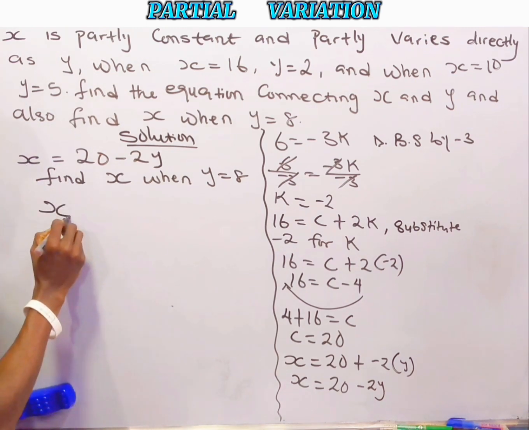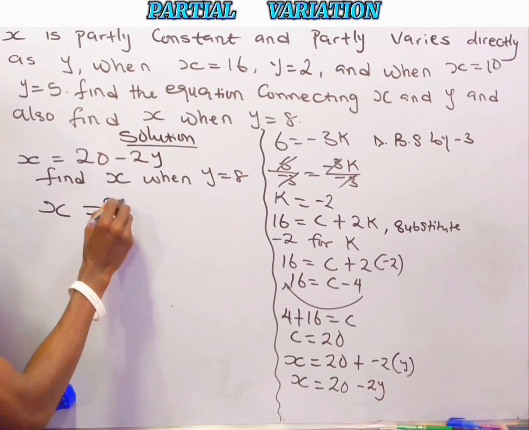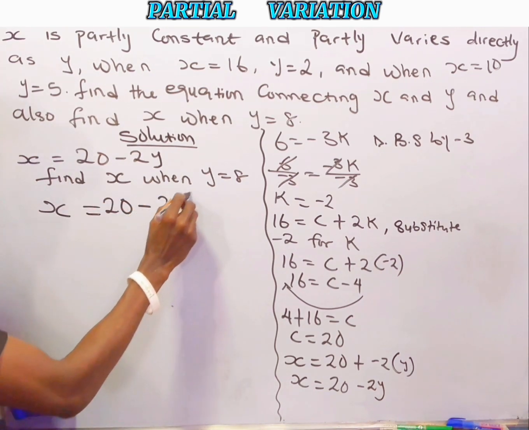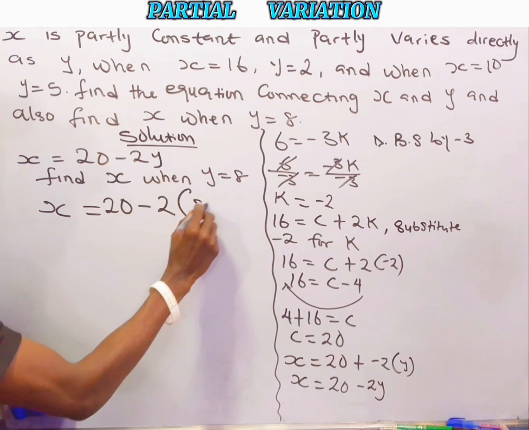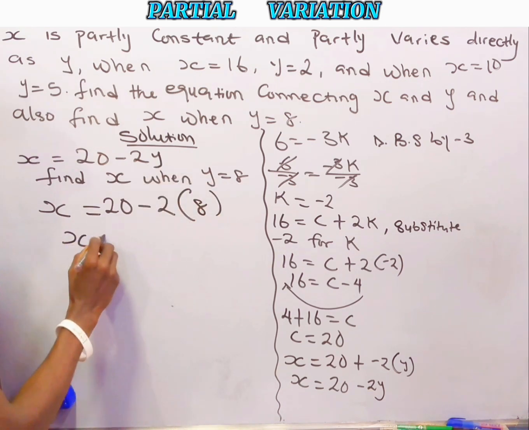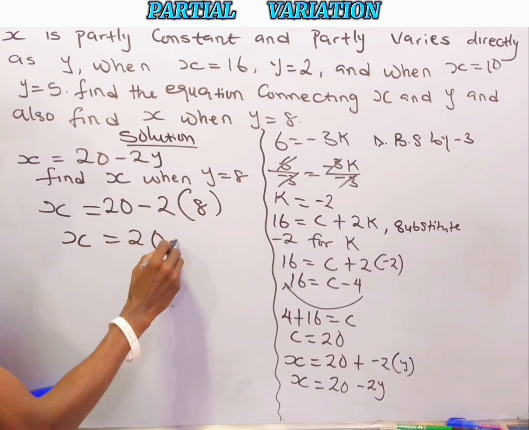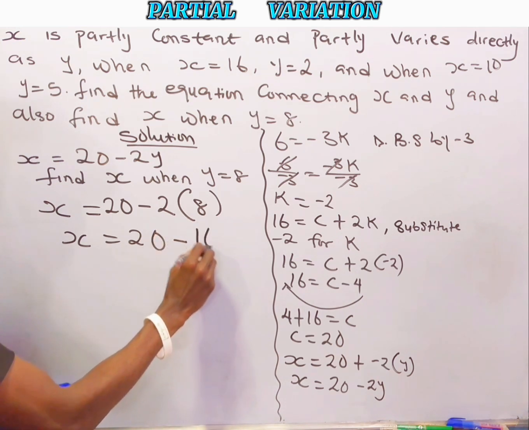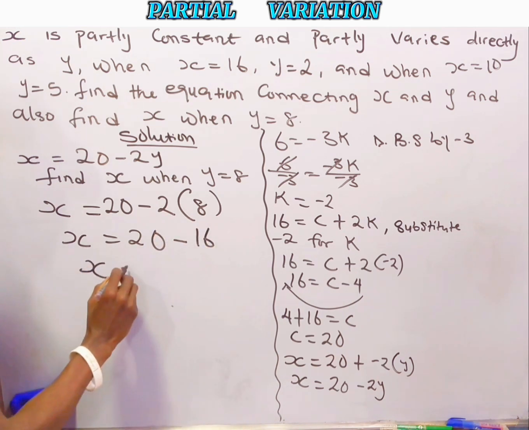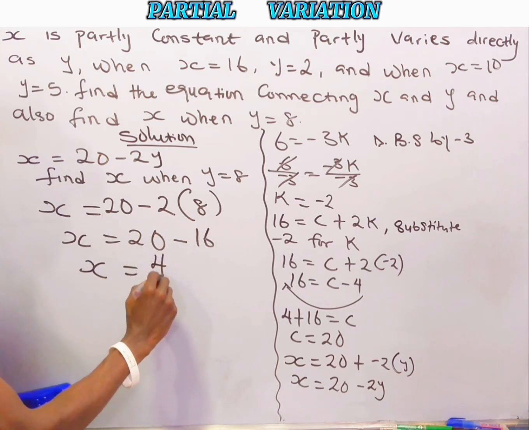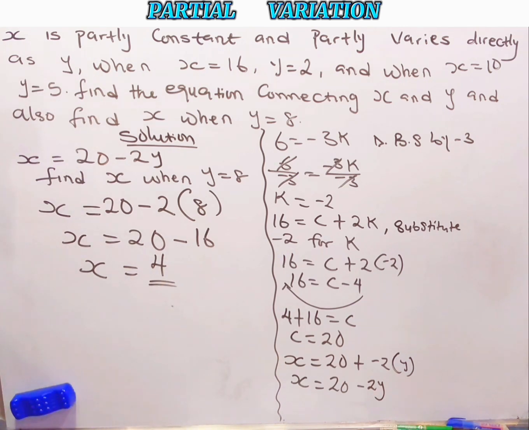So x remains x, 20 remains 20 minus 2, and y is 8. So x will now be 20 minus 16. X will now be 4. So when x is 4, y is equal to 8.